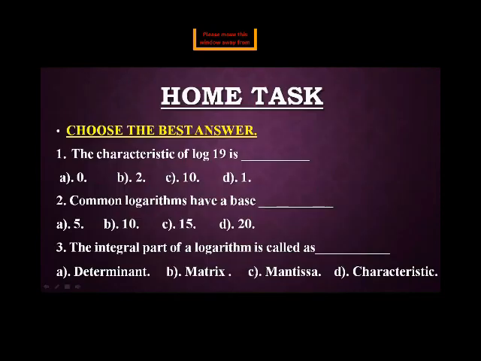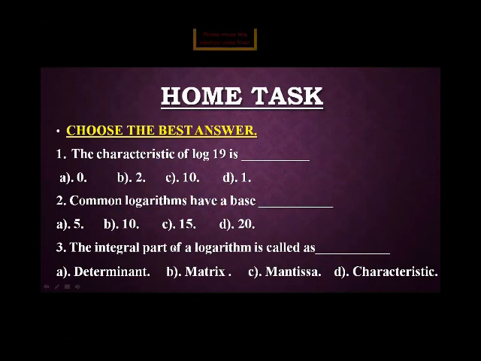Now the home task is to fill in the given blanks. The characteristic of log 19 is: option A 0, 2, 10, 1. You have to do these MCQs in your fair copies, and fill them up by yourself after taking the class. Common logarithm has a base dash.